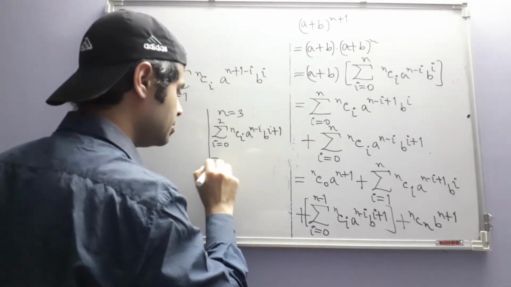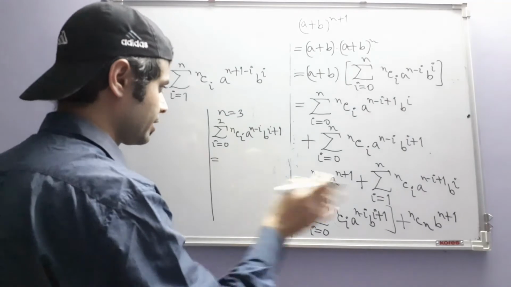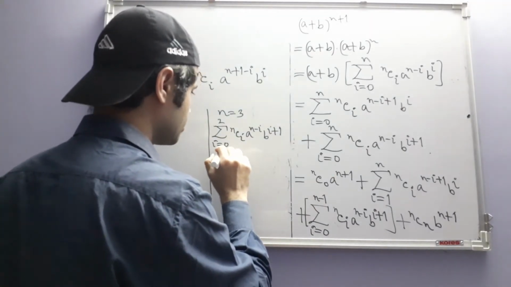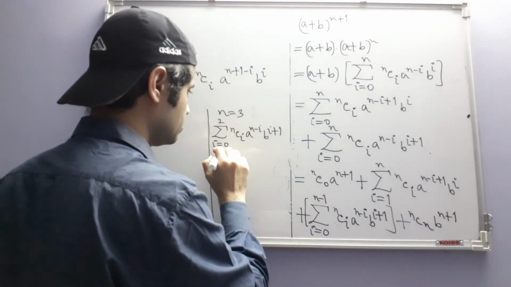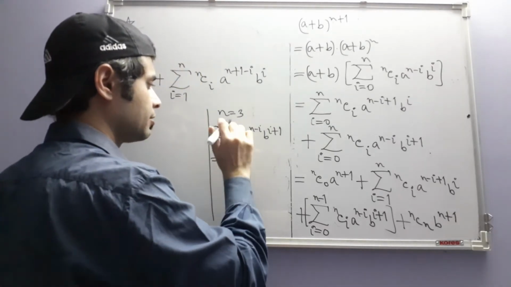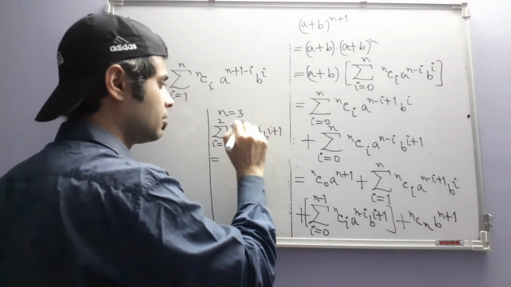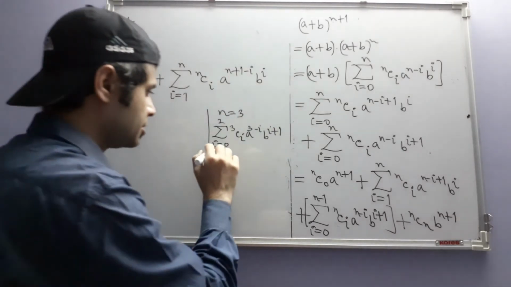So what we do, we decide to write this as a sum itself in the expanded fashion. I have taken n equal to 3, so I have to write n equal to 3 in these places.